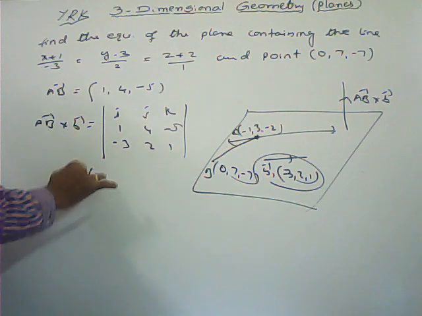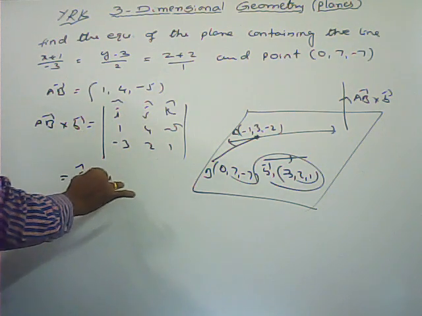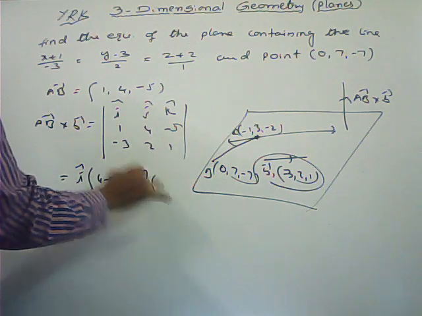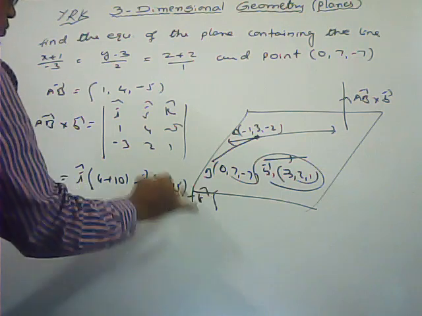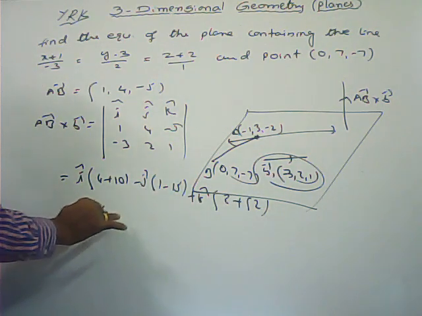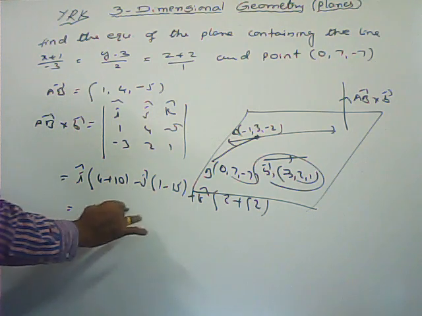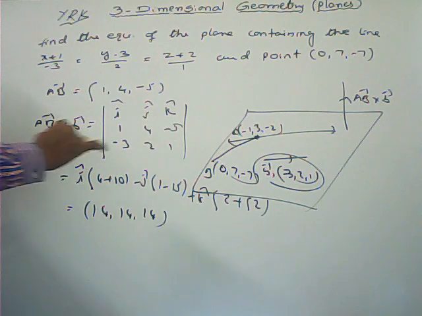If I expand that one, i cap into (4 plus 10), minus j cap into (1 minus 15), plus k cap into (2 plus 12). So here 14, 14, 14. These are the normal DRs.